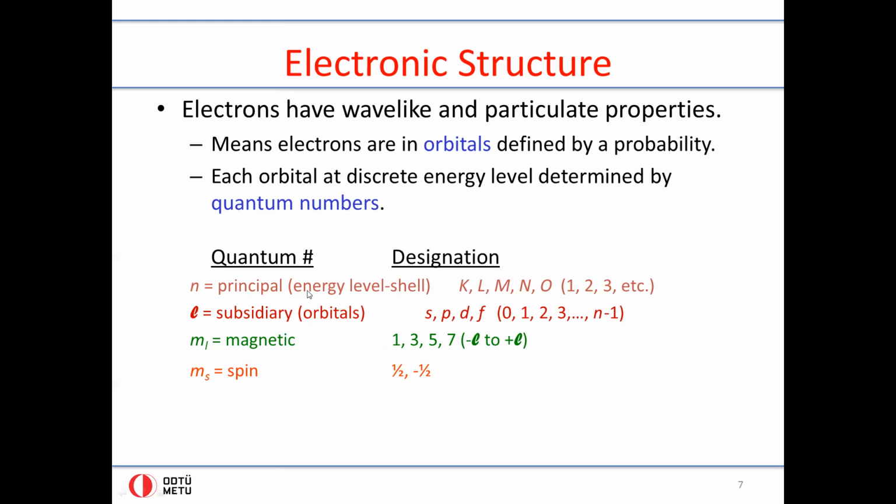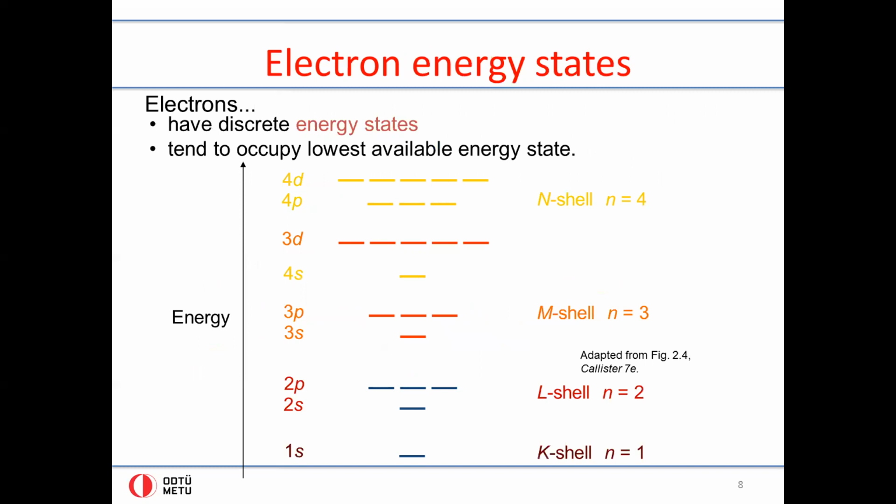And probabilistically, you have distances which represent certain energy levels, certain distances from the center of the atom at which a certain number of electrons reside or can be found, again, probabilistically.